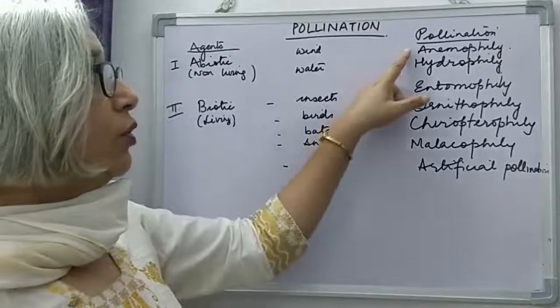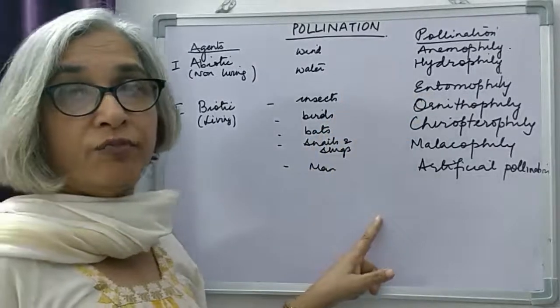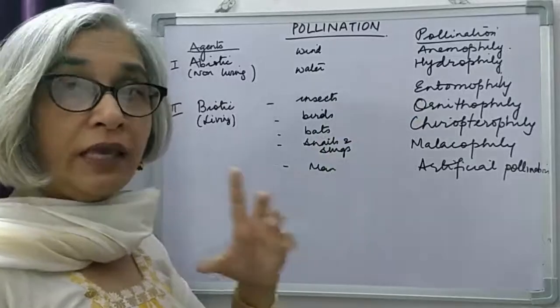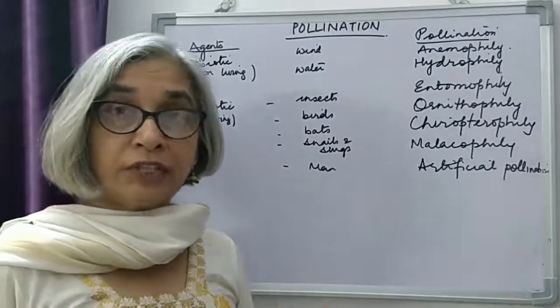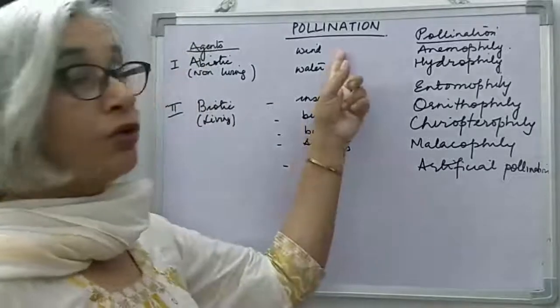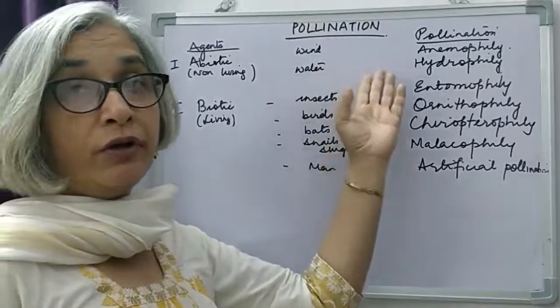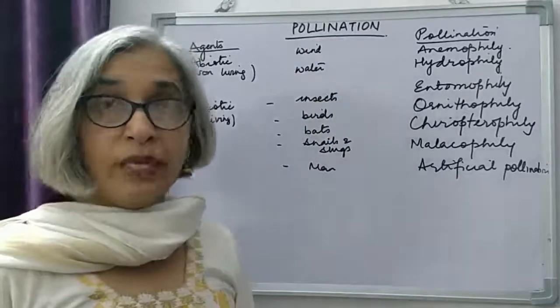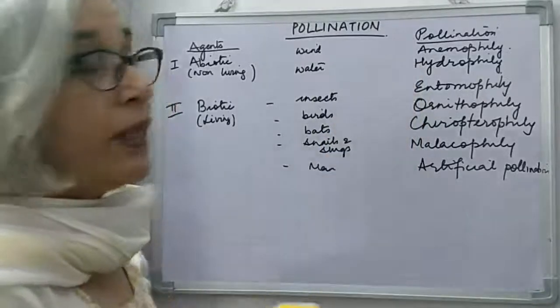So we will now go into the details of each of these kinds of pollination and the characteristics which the flowers possess for that kind of pollination, for that kind of agent which is suitable for this. So we begin with the first, that is anemophily.